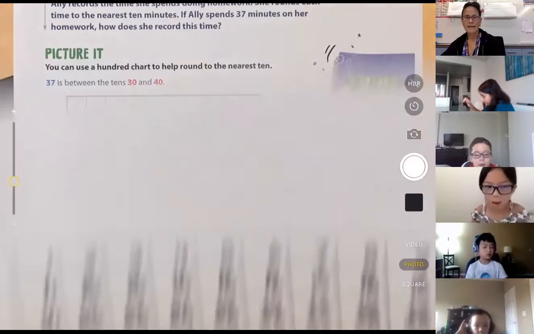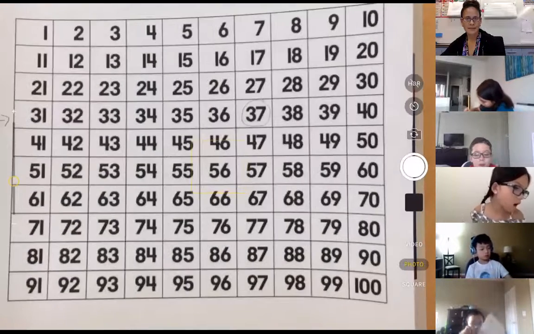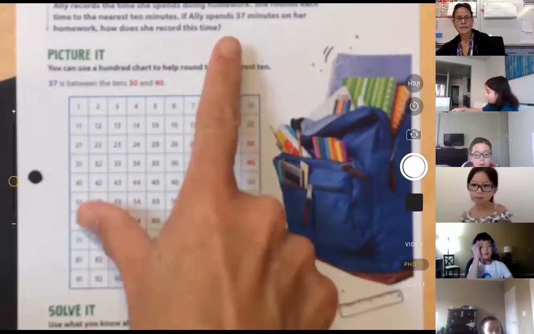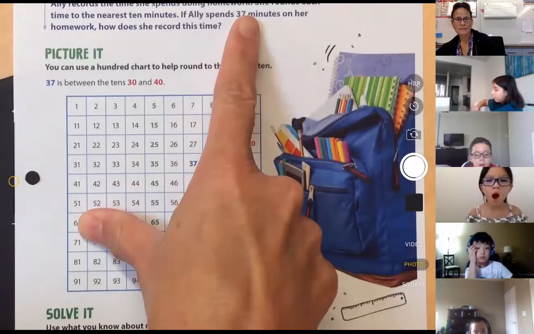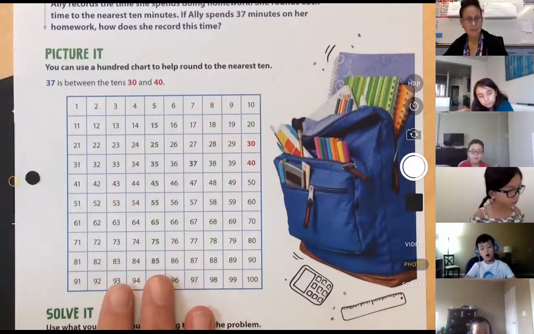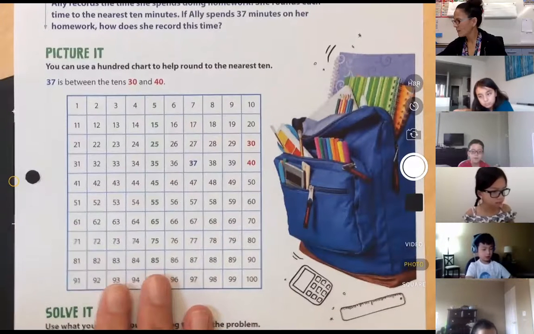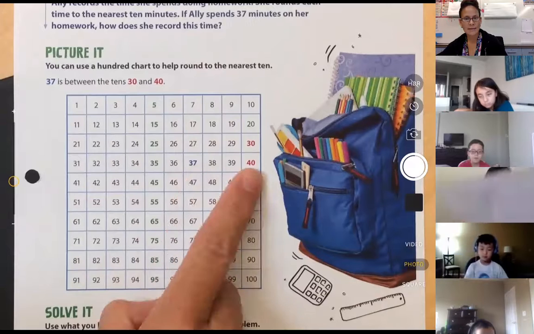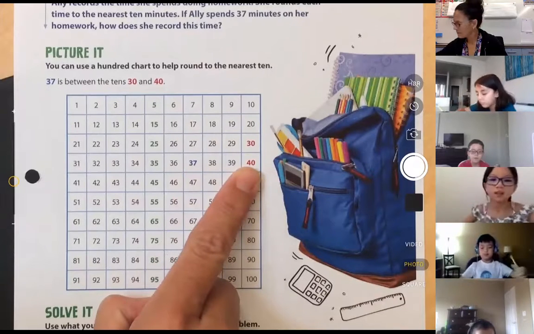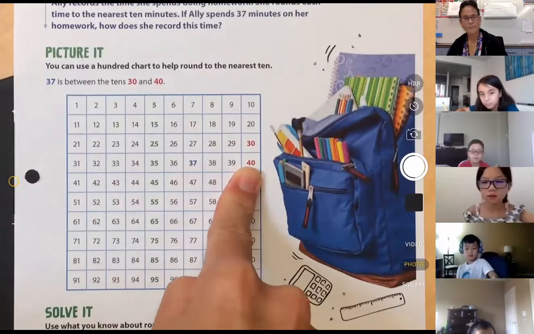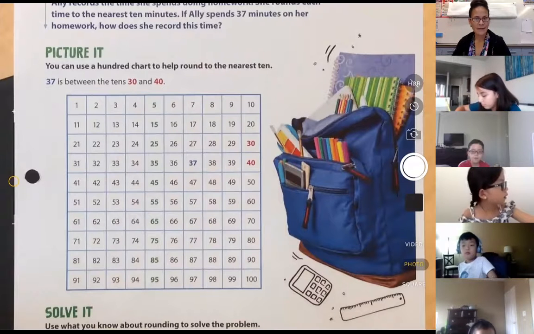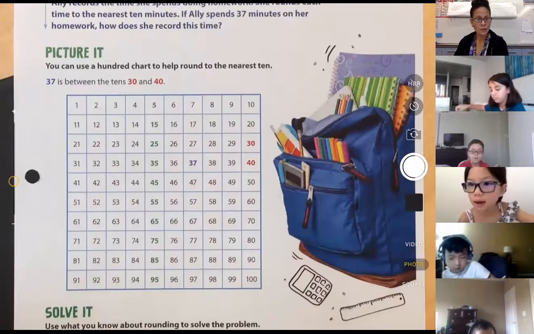They are asking you the same question about the number 37 and being able to picture it in this way and how it would be rounded to the nearest 10. Because here's our number 37, and we can clearly see that it is closer to 40. Same thing. I'm going to give you a few seconds to look at that, let that process, and make whatever notes you'd like on your math book.